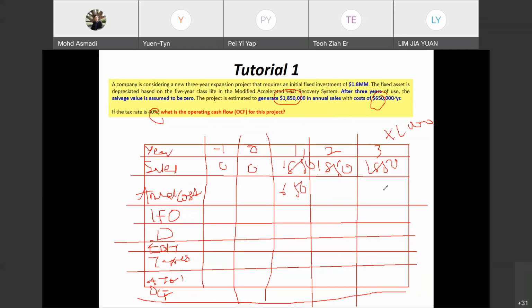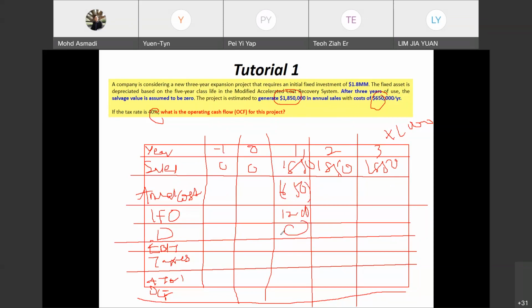And so on. IFO: 1850 minus 650 is 1200. The depreciations are from the table, from the book value, so you can put here.